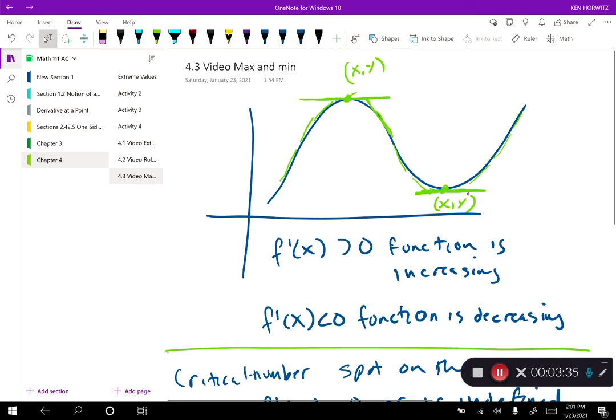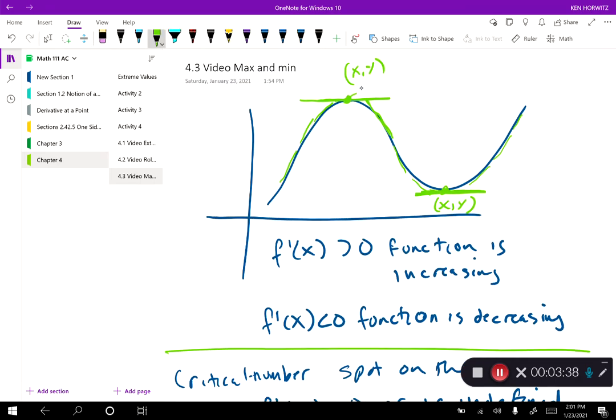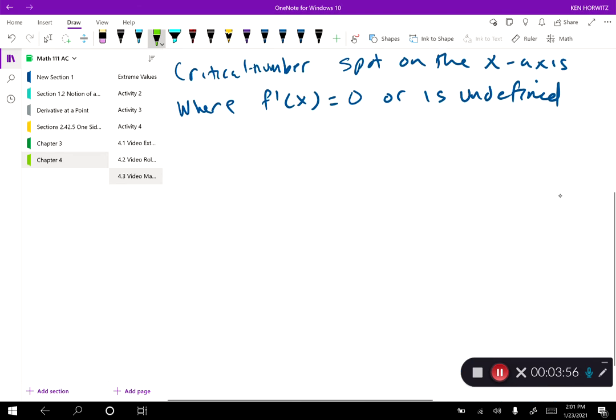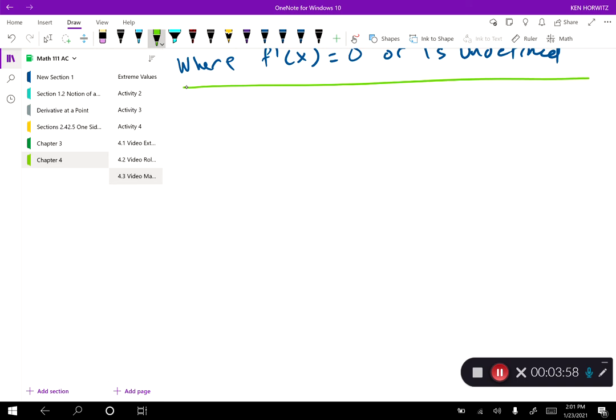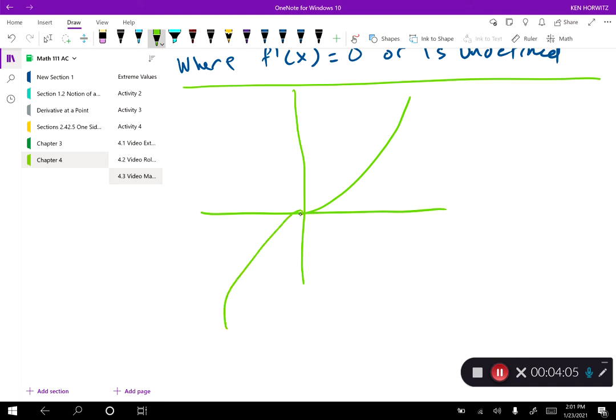So in this case, my critical number would be a maximum. Here it would be a minimum. Now, a critical number doesn't always have to be a maximum or a minimum. It could be. It's the only spot where it's possible. I'm going to do a quick drawing of a graph where your critical number, critical point, will not be a max or a min.